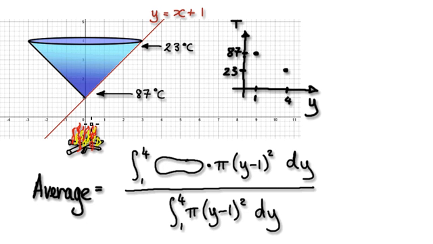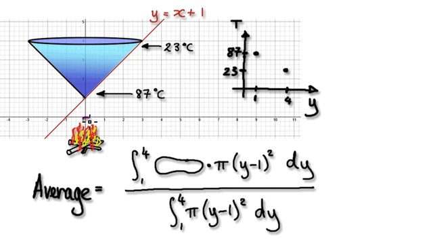So the thing is, y is moving about. So when y is 1, we want to set it up in such a way that the temperature when y equals 1 is 87 degrees Celsius. And don't forget y is moving along.